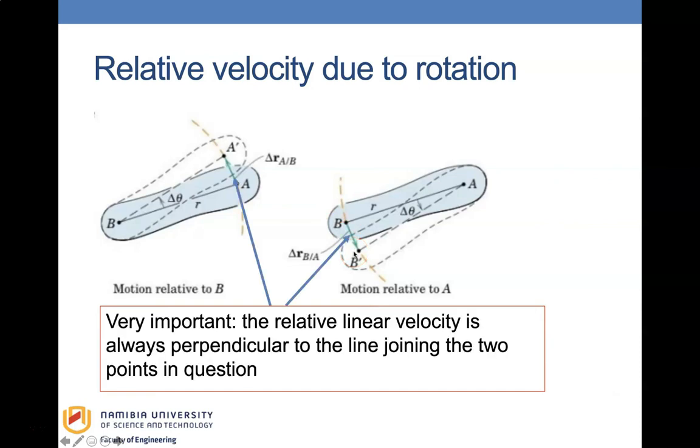Now the point we are making here is that the relative velocity is always perpendicular to the line joining the 2 points in question. So this is perpendicular to the line joining the 2 points. The same thing here, this is perpendicular to the line joining the 2 points.